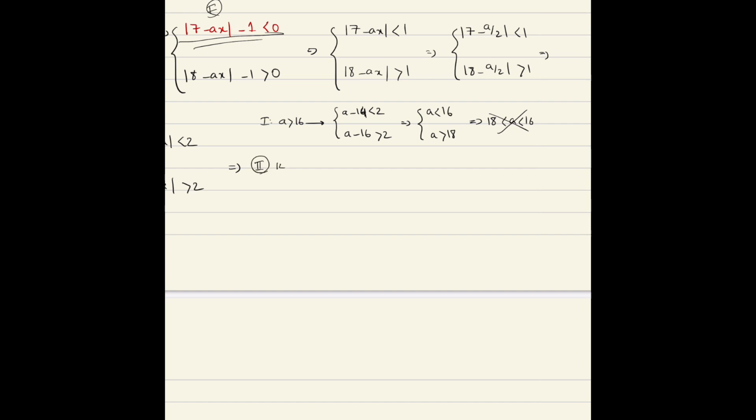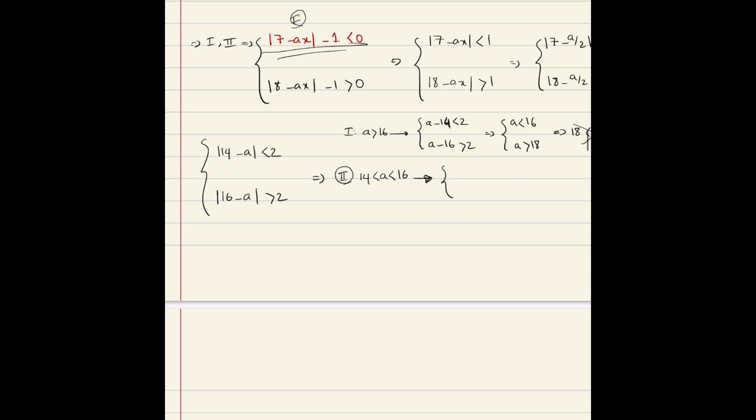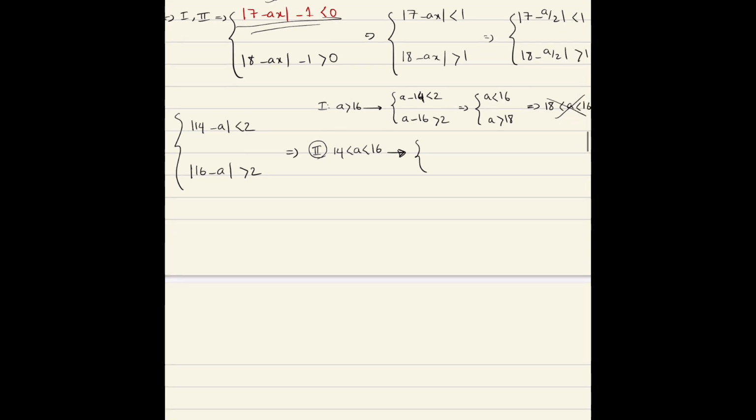So let's go ahead and see what we can get for a's which are between 14 and 16. So the first part would be a minus 14 less than 2, and the second part would be 16 minus a greater than 2.